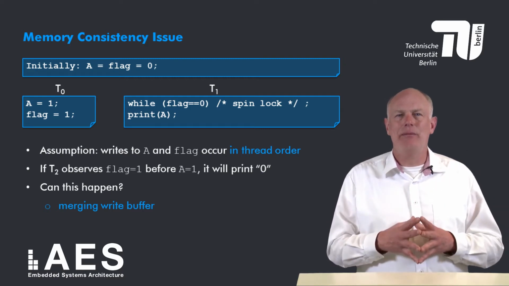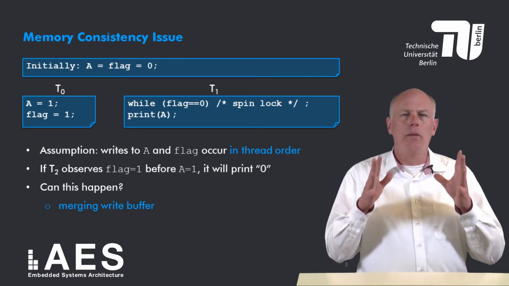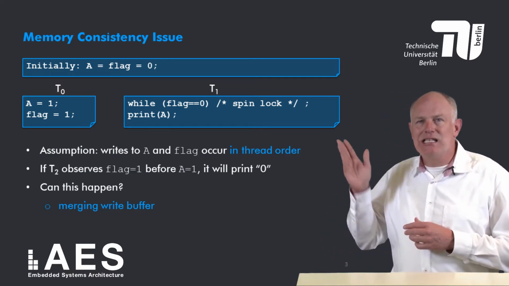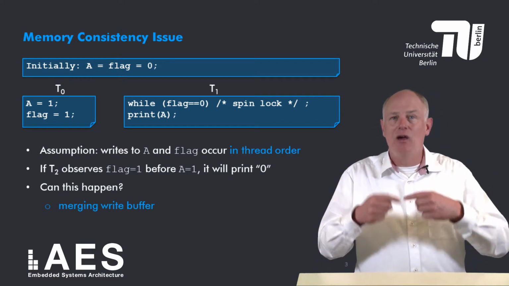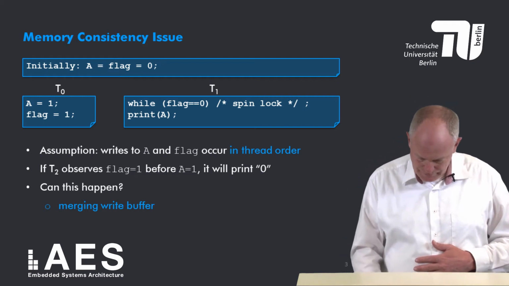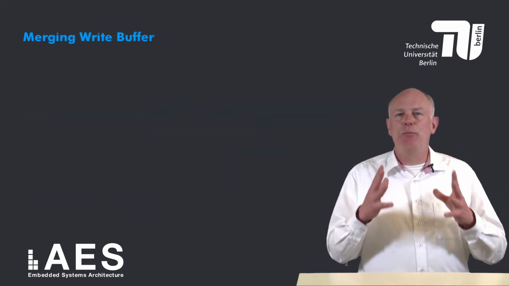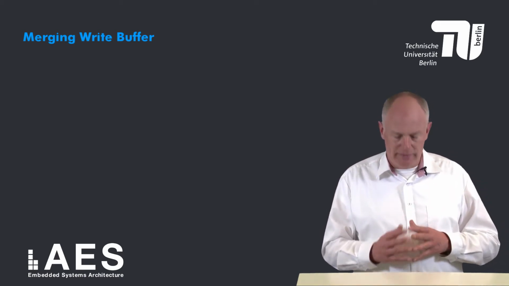Yes, this can happen. Recall from the memory hierarchy module that a core may feature a merging write buffer. On the next slide, I will show that a merging write buffer may change the order of writes. A brief recap that explains why a merging write buffer may change the order of writes.